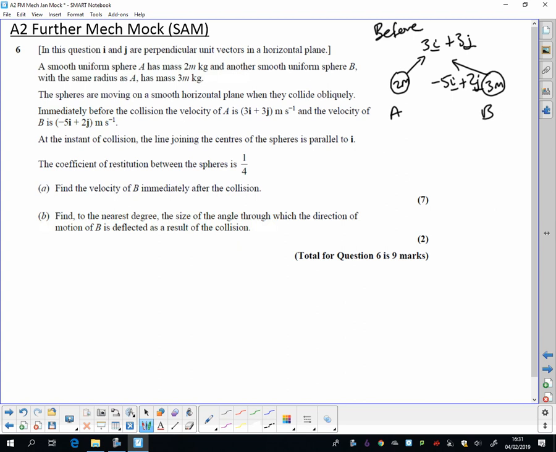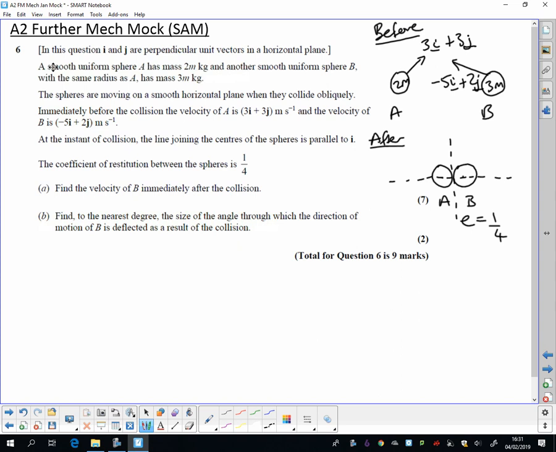Now, to really help you and the examiner, it's a good idea to do an after picture to show how you're defining your velocities. So I've got my two spheres, A and B, and there's two directions we look in when they collide: one along the line of the centres, and the line perpendicular to the centre of the spheres.